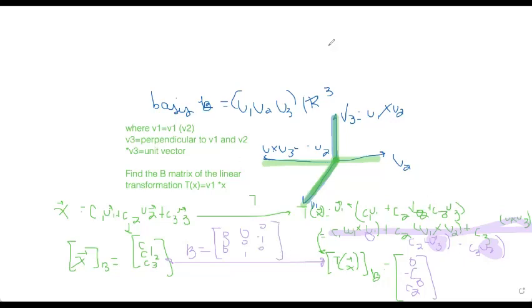But there is one other way that we can get this, which is to construct B column by column. So what do I mean by that? We've already got this fact, right?